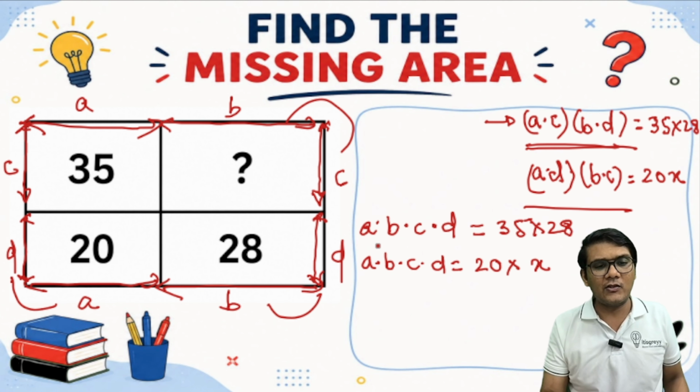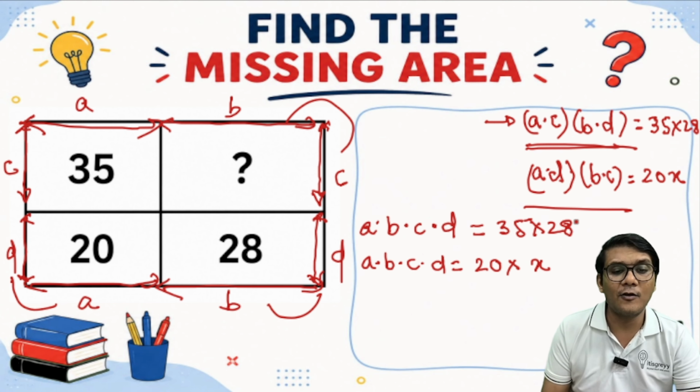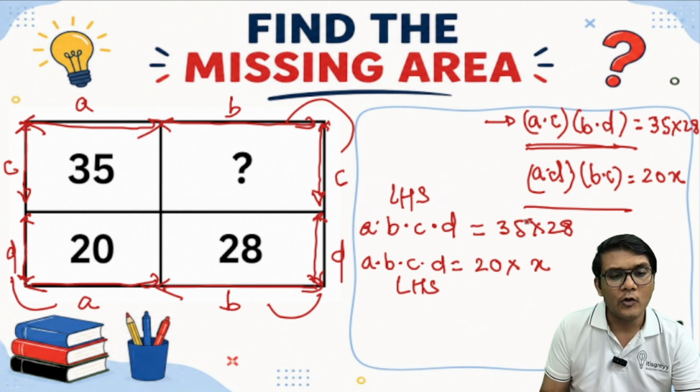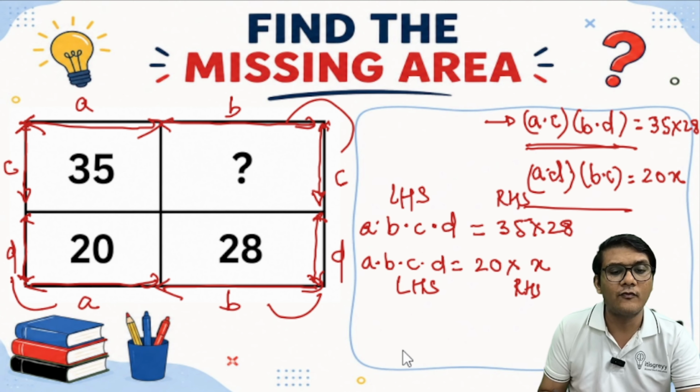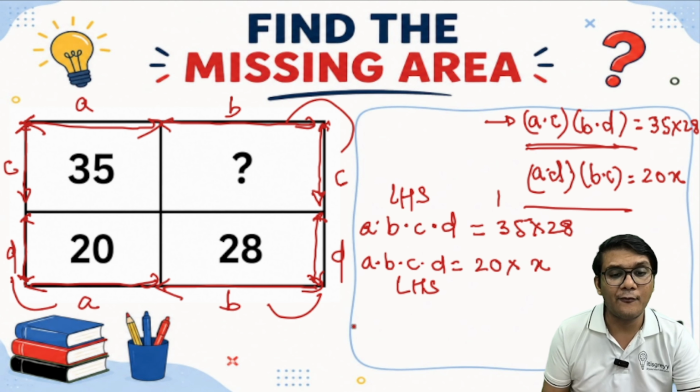Now, since this A into B into C into D is equal to, of course, this A into B into C into D, we can say, since the left hand side of both the equations are equal, the right hand side of both the equations will exactly be equal. Therefore, what will we get from here?